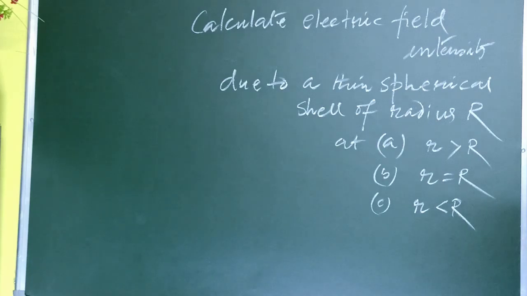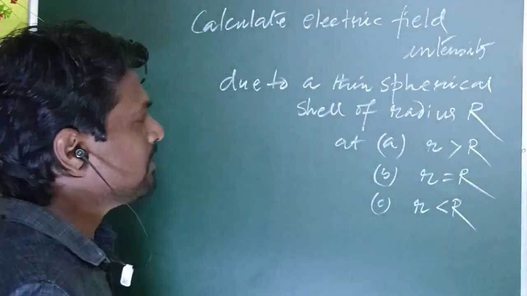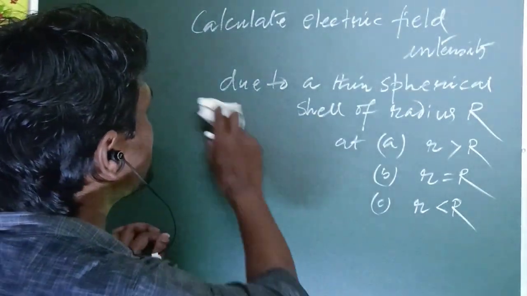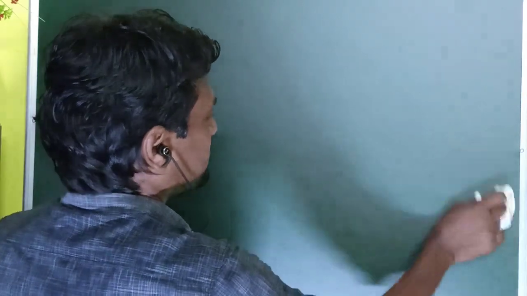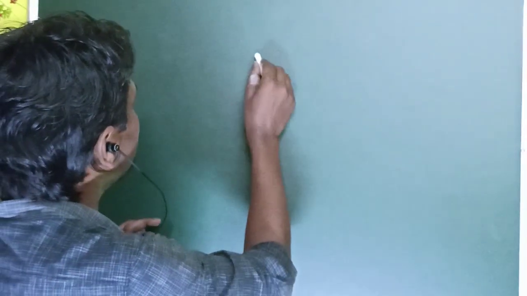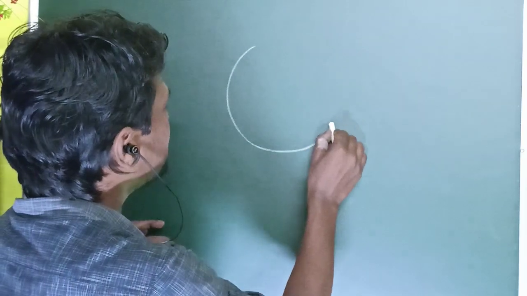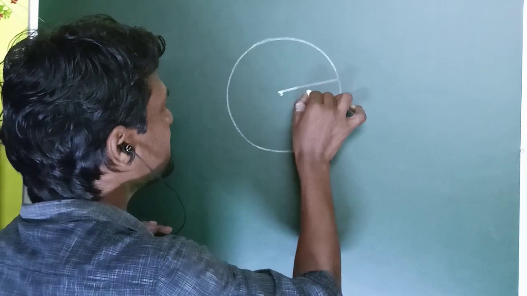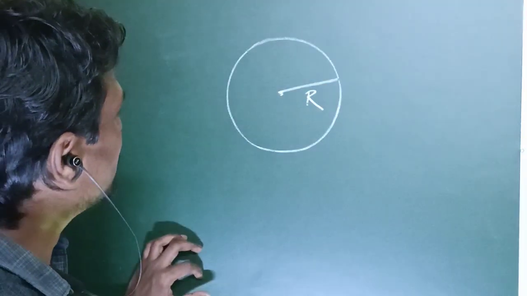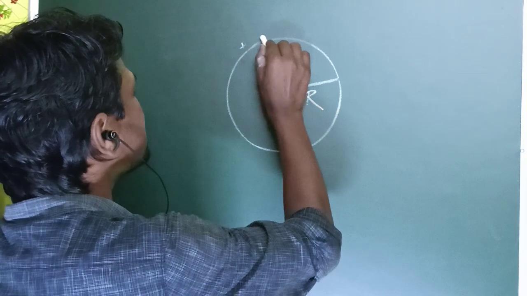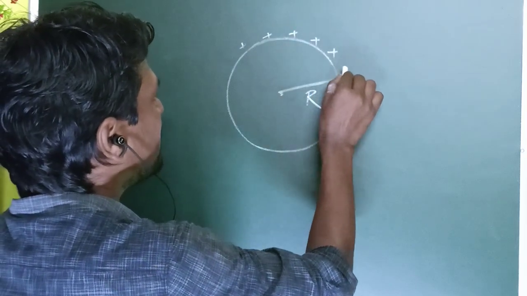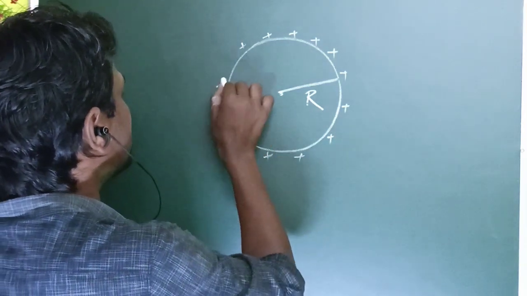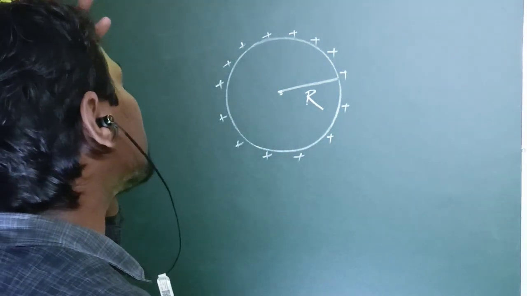So calculate the electric field intensity due to a thin spherical shell of radius capital R. So the question is, this is a spherical shell, and this is the radius R. If some charge is given to this shell, then all the charges are distributed over the surface.